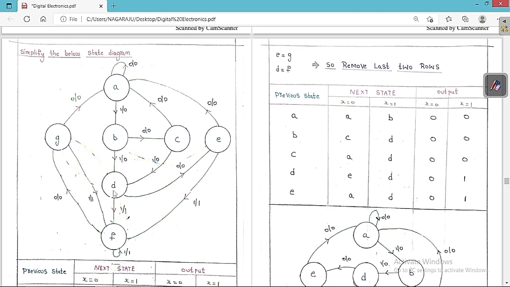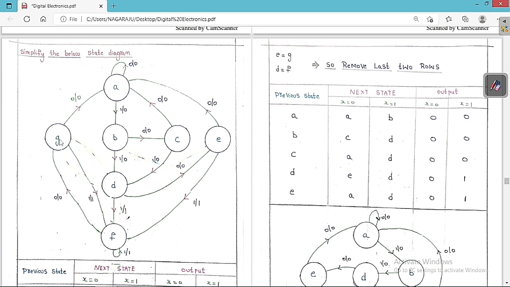From here, if you give an input of 1, we are going to move to state F with an output of 1. Similarly, from here, if you give an input of 1, we go to the same state F with an output of 1. Whereas if you give an input of 0, we are going to move to state J with an output of 0.